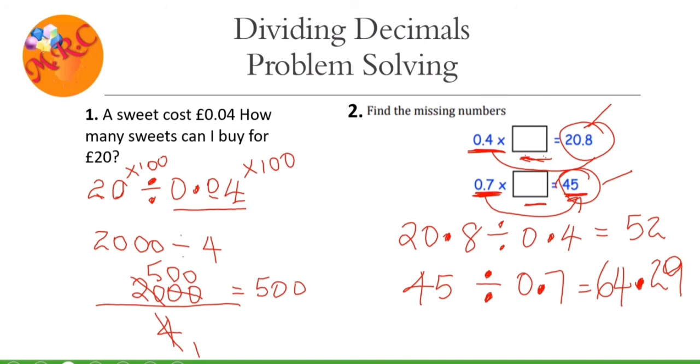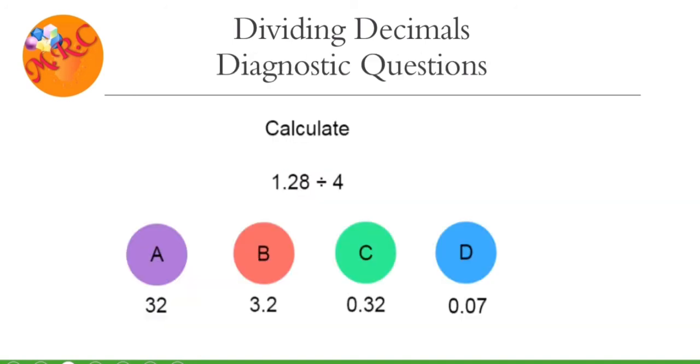Alright, so let's continue. We're at the diagnostic question, and I'm giving you 15 seconds to work out the question, and then I'm going to circle the answer. The first one is 1.28 divided by 4, and we're going to mark our work in 5, 4, 3, 2, 1.